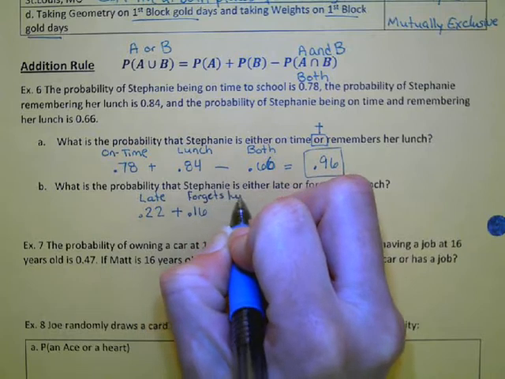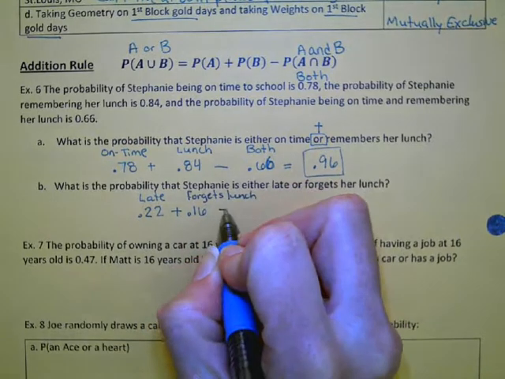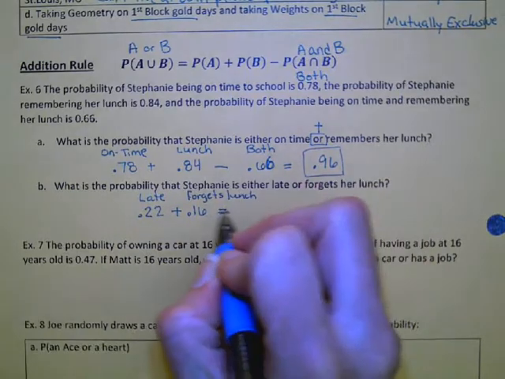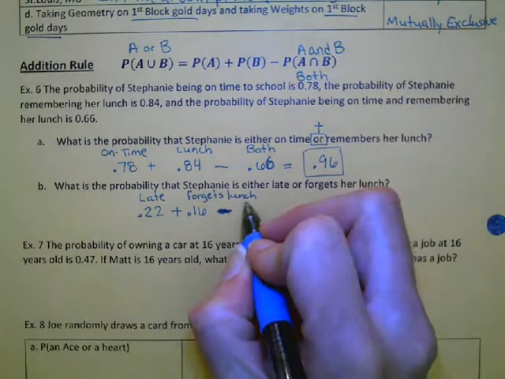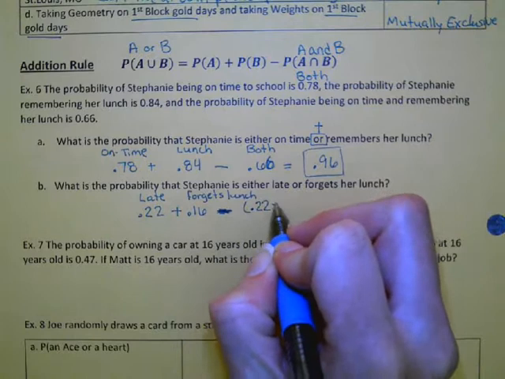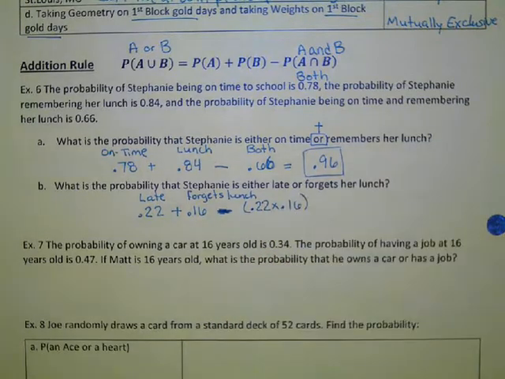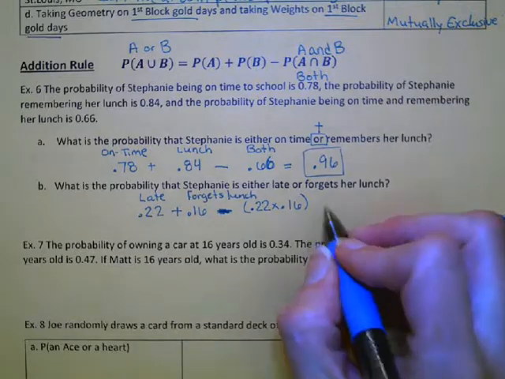Okay, and then we have our minus sign. We're going to take 0.22 times 0.16. That's the probability of her being late and forgetting her lunch. So you can enter all that in your calculator. And we get the answer is 0.3448.